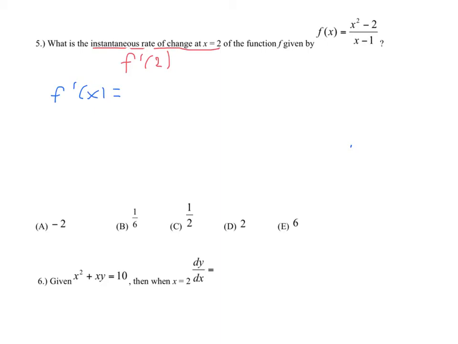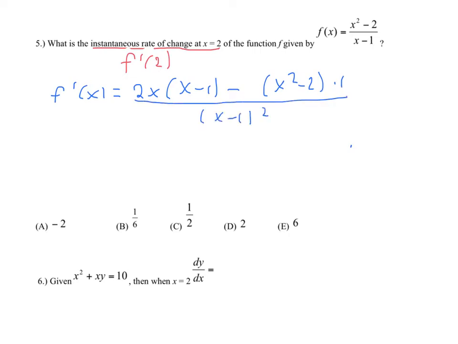The derivative is the derivative of the first, so we're going to use the quotient rule: 2x times x minus 1, minus x squared minus 2 times 1, all over x minus 1 quantity squared. Now we could do some cleaning up, but since we're given a value at which to evaluate this, f prime at 2 is equal to 2 times 2 times 2 minus 1.